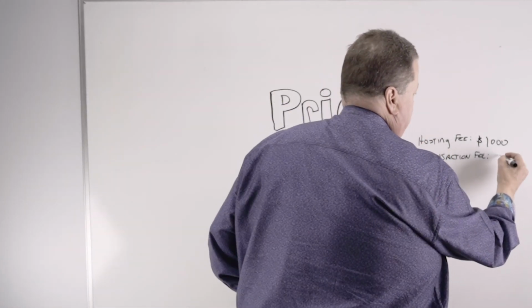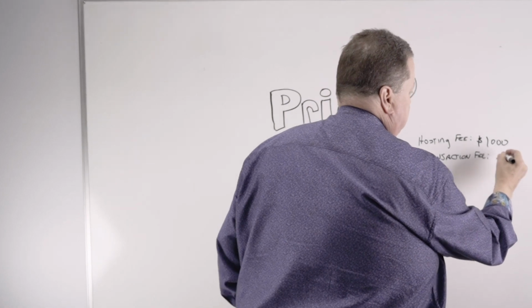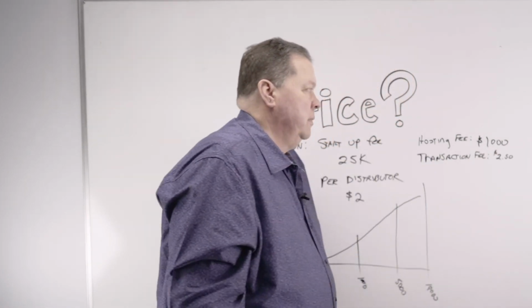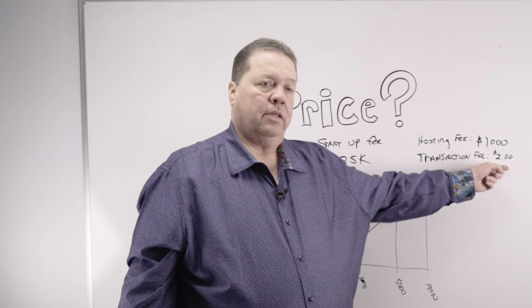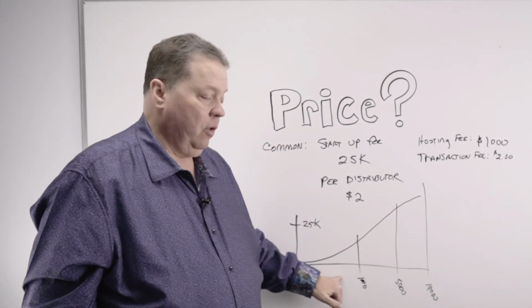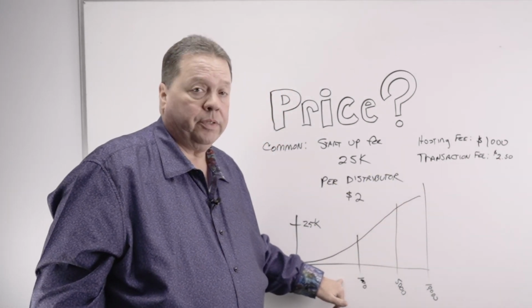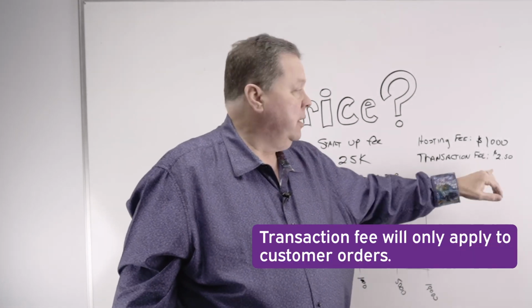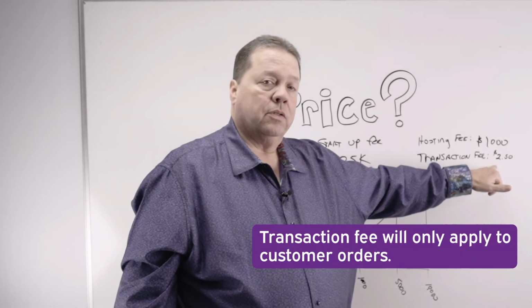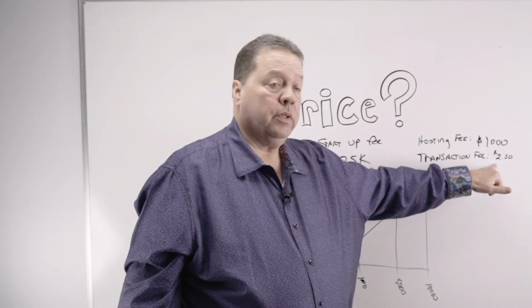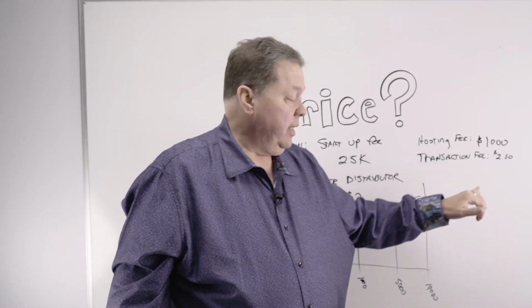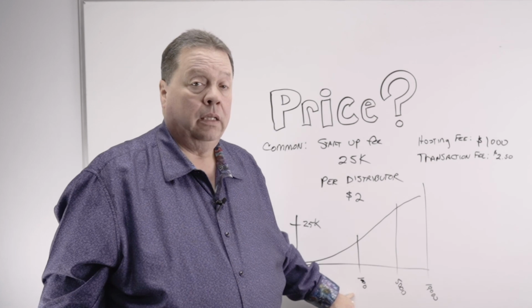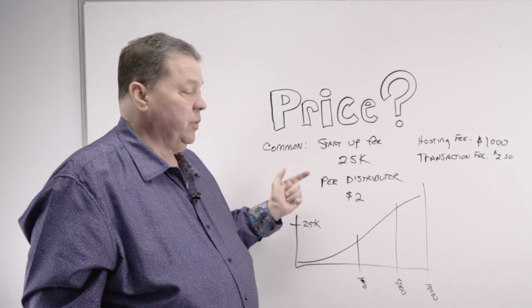Typically, it might be $2.50 an order. This fee would apply to customer orders. Depending on what your profit margin is on an order, this could really start cutting into your profit, as well as this. So you have to take all of this into account.